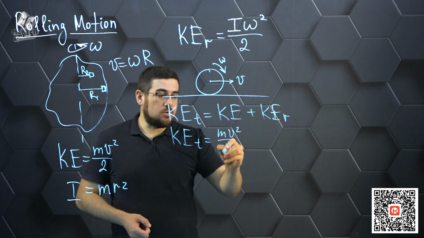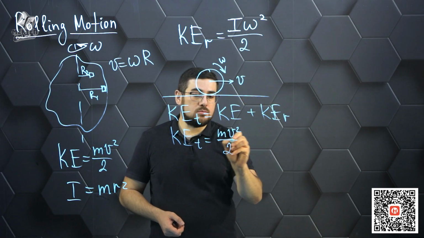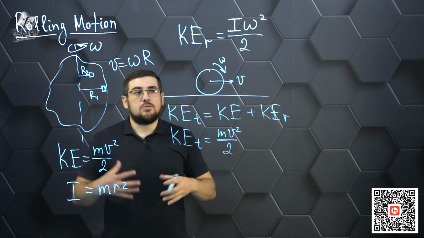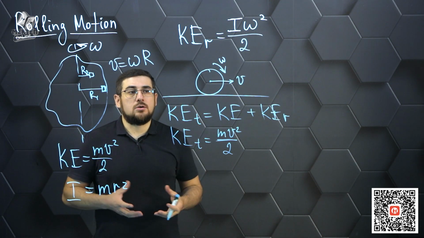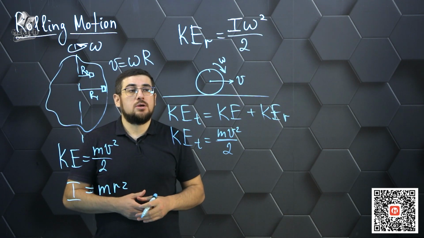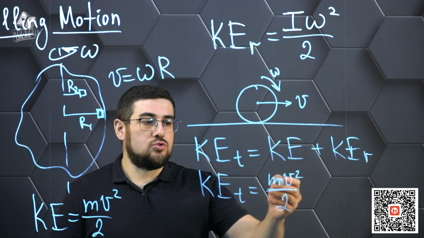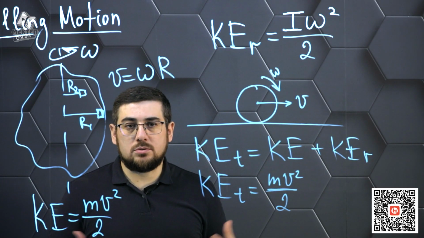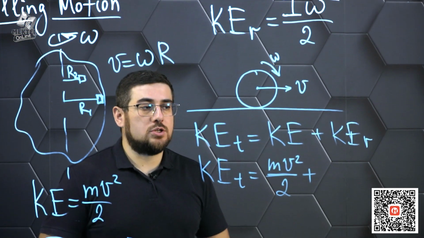So m v squared divided by 2 would be the energy of the wheel moving on the road, as if it's not rotating but just sliding. Let's imagine a frictionless situation, where the wheel can't rotate in principle and just slides like some objects. In this case, we get exactly the energy of translational motion.